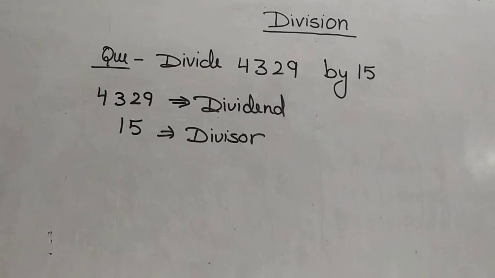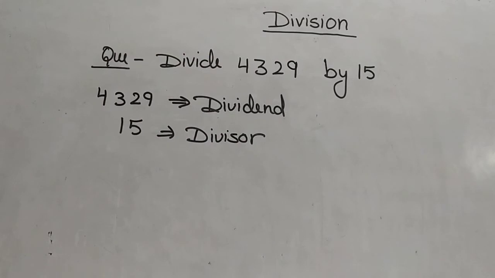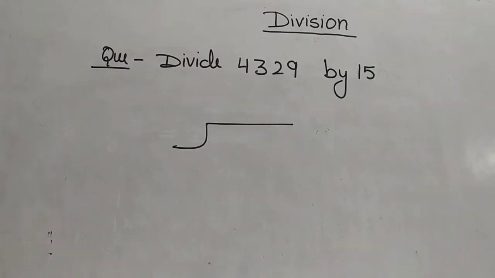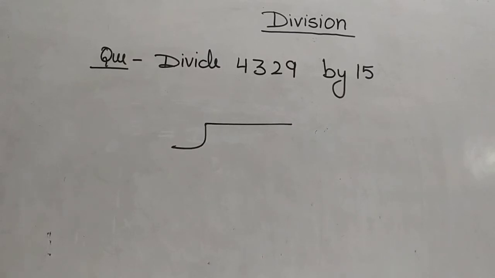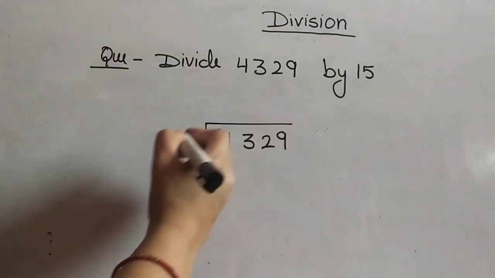And the number which divides is called divisor, which is 15. So, 15 is the divisor of this question. Now, let's learn how to divide. So, here we have to divide 4329 by 15.